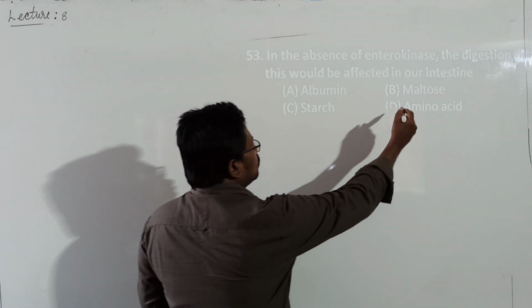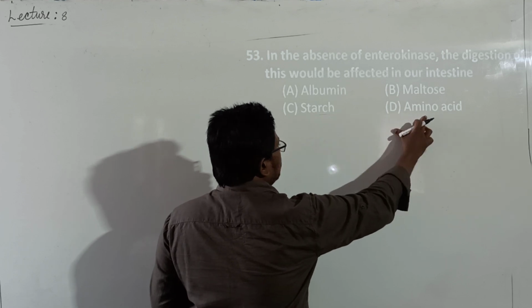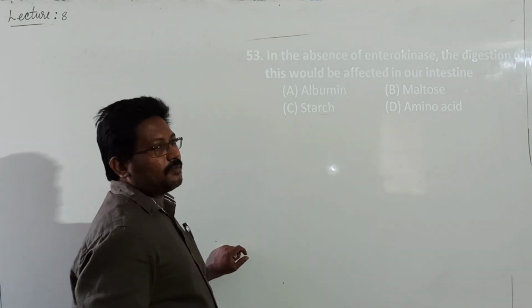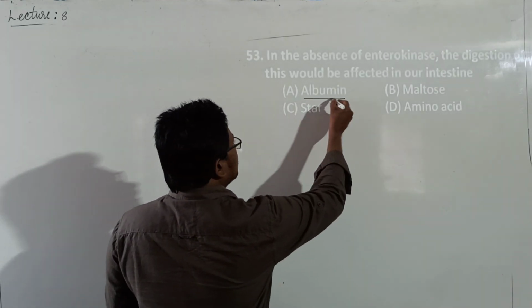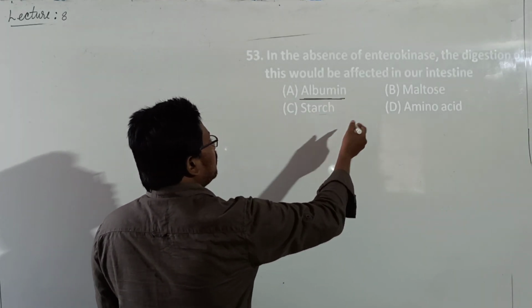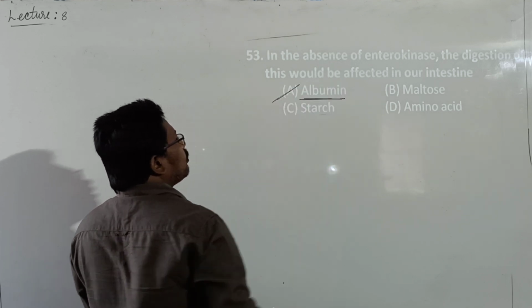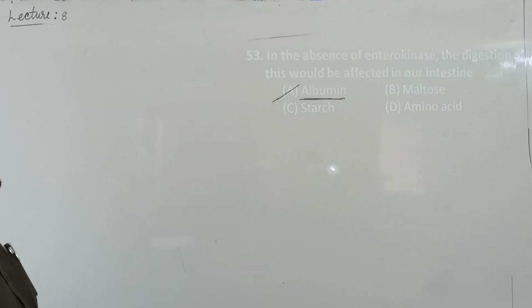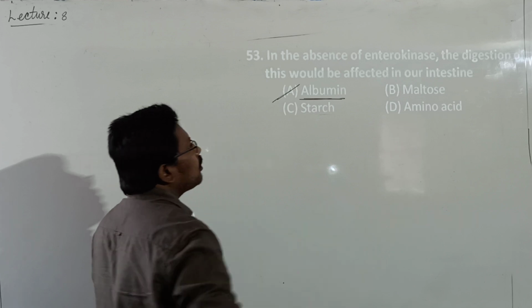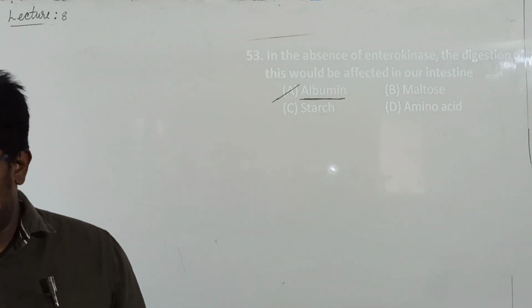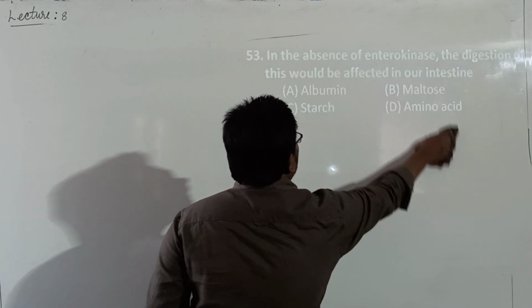Maltose and starch are carbohydrates, whereas amino acid is already a simpler form of protein. Albumin is the protein that will undergo further breakdown due to the action of trypsin, which will be activated by enterokinase. So option A is the right option in this case.